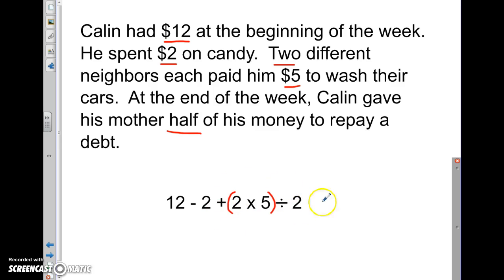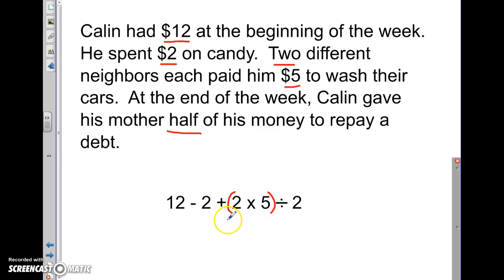But again, if we leave it as is, first thing we do is this, which would be 2 times 5 would be 10. Then we divide that by 2. And then we do this stuff over here with the money he had before. But remember that he's going to give his mother half of the money that he has at the end of the week, which includes this amount here.